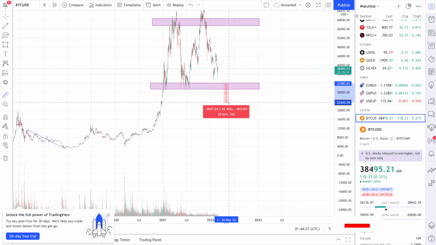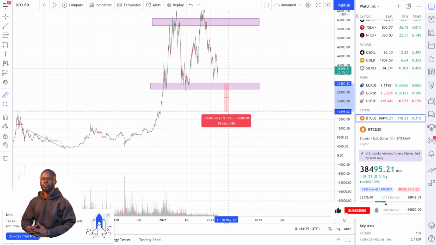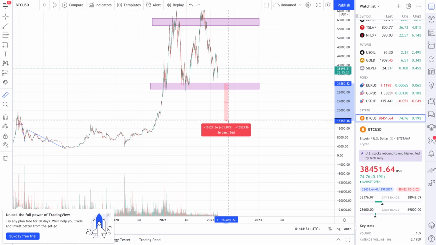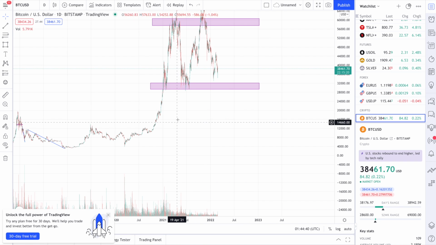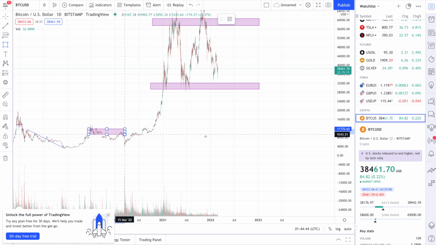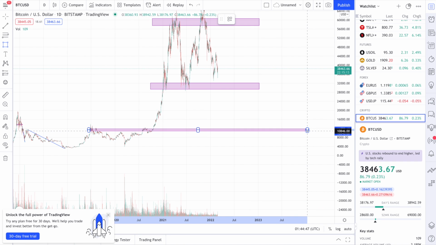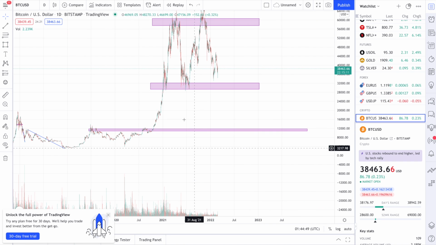A 55% would take us to around 15,000. So this is the neck region that we're talking about. Looking at that 15,000. Is that neck region?